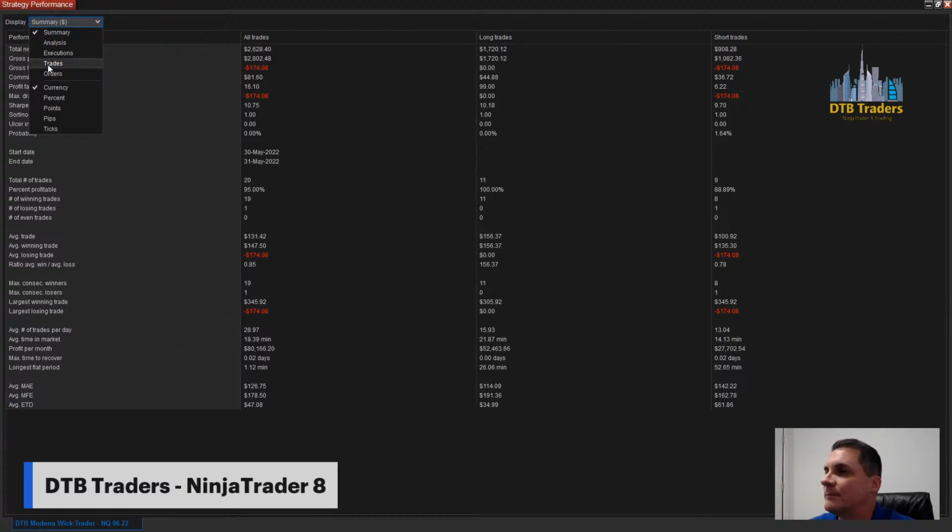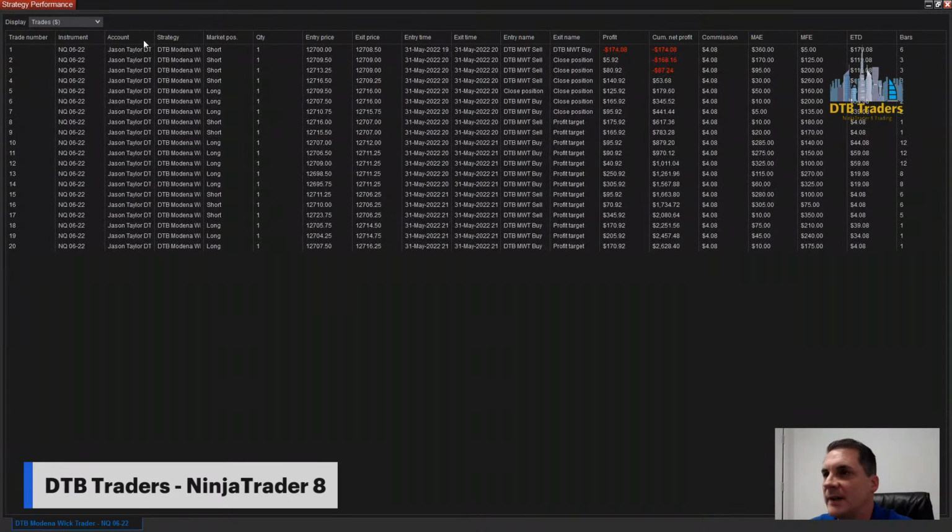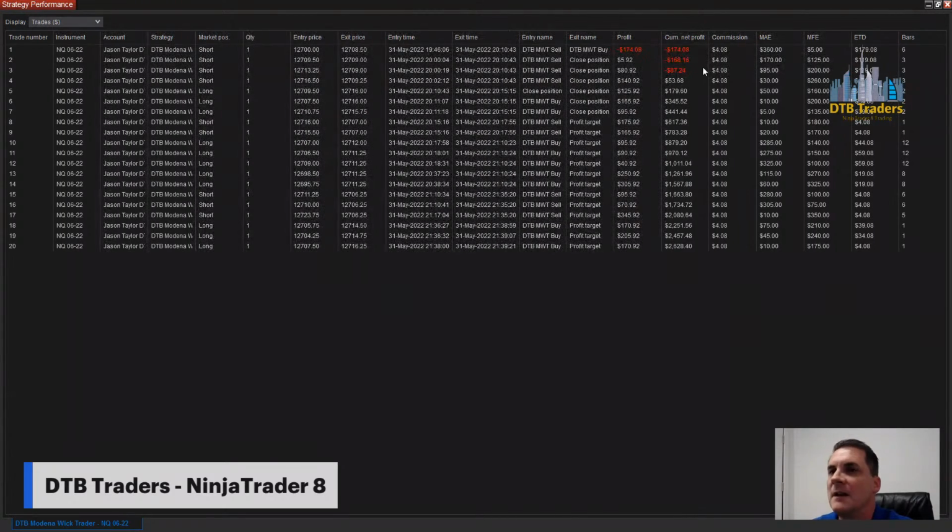And if we go to the specific trades, we'll be able to look at the entry times. So from 7:46 up until almost 9:46, it's basically exactly 2 hours of trading on the NQ.